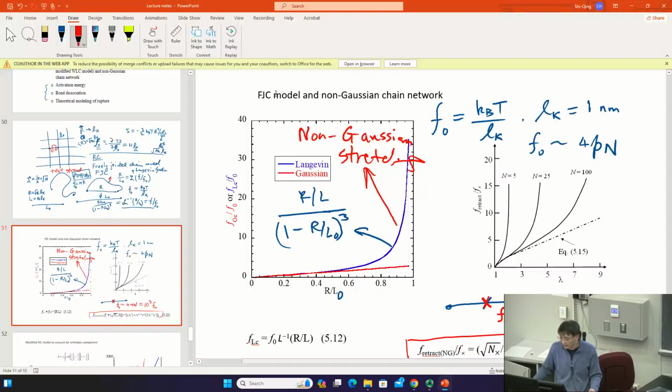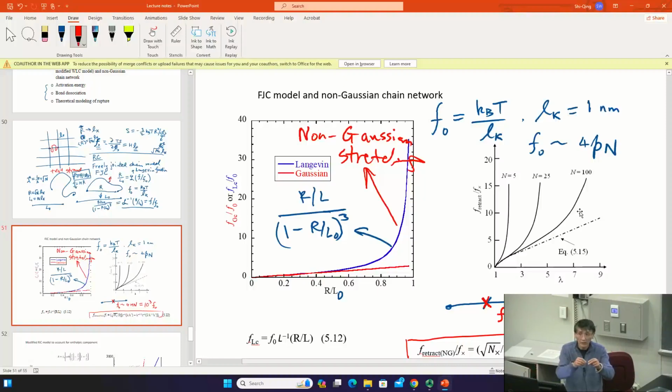Sometimes I mentioned this. I said, gee, this force keeps building up beyond 4 piconewton. Since there's no conformational change, you see, when it's straightened, there's no more conformational change. So there shouldn't be any entropy to talk about anymore. It's all done.